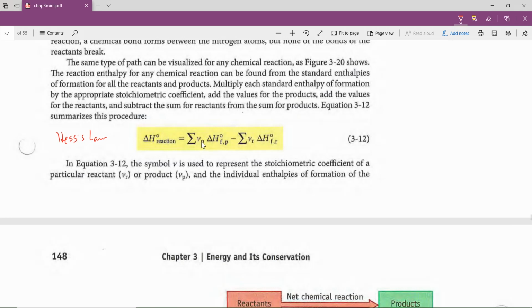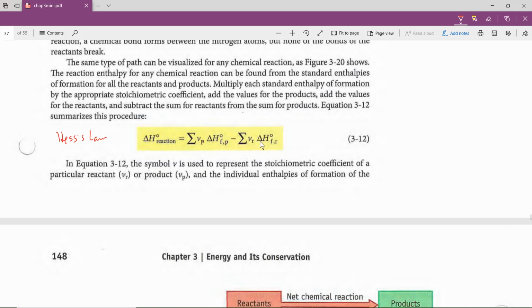So you add up each stoichiometric coefficient times its heat of formation for the product side, plus the next one, plus however many there are, minus the stoichiometric coefficient of each reactant times the delta H naught of formation of each reactant. Okay? And that is what Hess's law is.